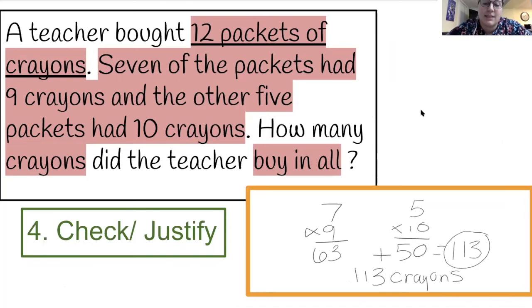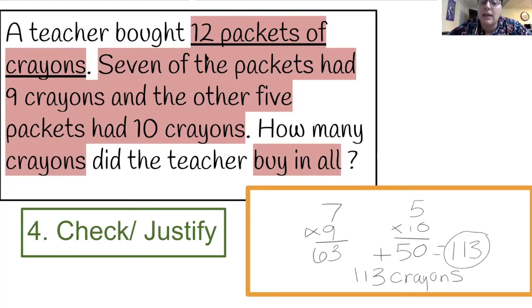So I kind of hinted at this yesterday, that saying that the teacher at the end had 2 or 3 crayons would not make sense to the story because she's starting with 12 packets of crayons. So already 12 is bigger than my answer. So I, at some point, made a mistake and need to go back and look at my math. Maybe I used the wrong equation, or I missed a number at some point.